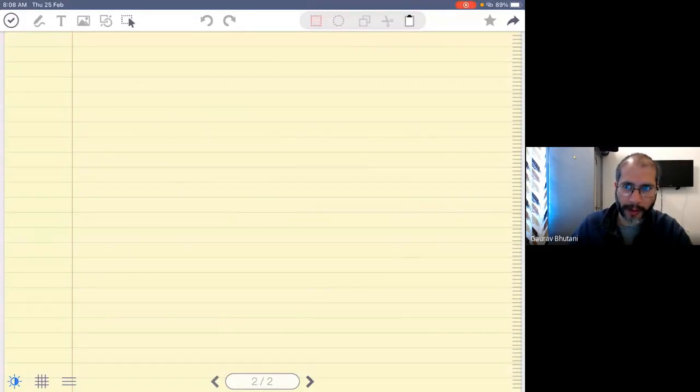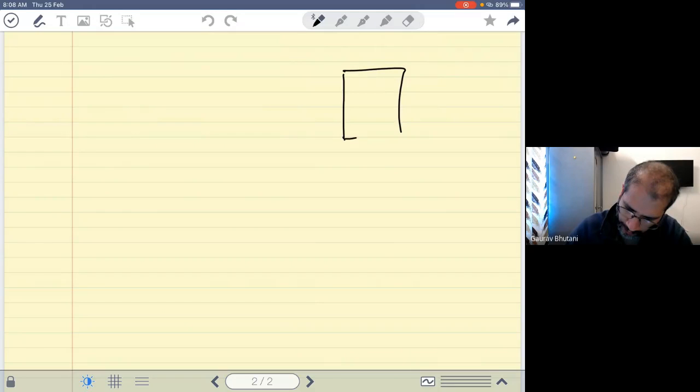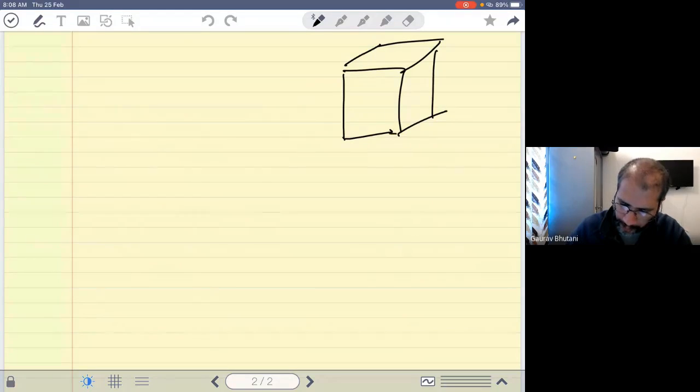No problem, I'll quickly draw the figure again. Okay, so this was our cube element.